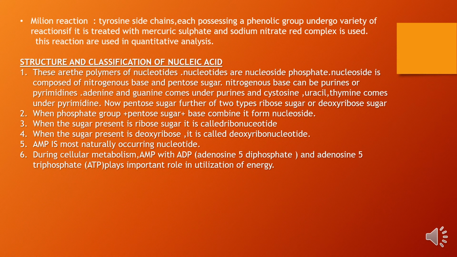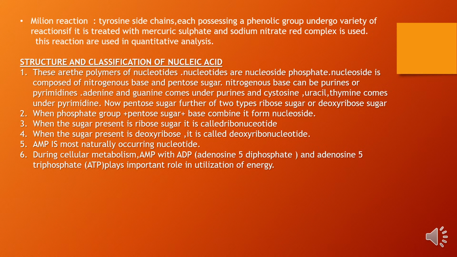Third is the Millon reaction, in which the tyrosine side chain, possessing a phenolic group, undergoes a variety of reactions. If it is treated with mercuric sulfate and sodium nitrite, a red complex is formed. These reactions are used in quantitative analysis.